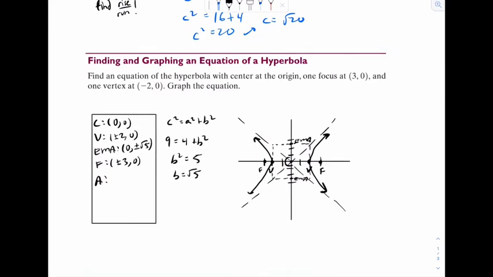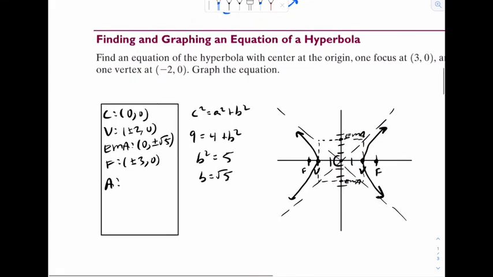And then the only piece we need is the asymptote. So once again, let's look at the rise and the run. The rise was our root 5, and the run is 2. So pretty straightforward. Plus or minus root 5 over 2x equals y must be their asymptote.